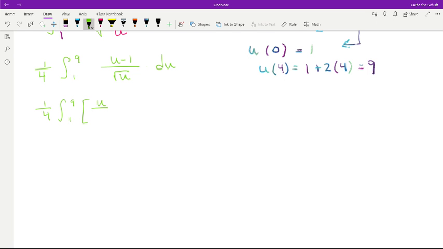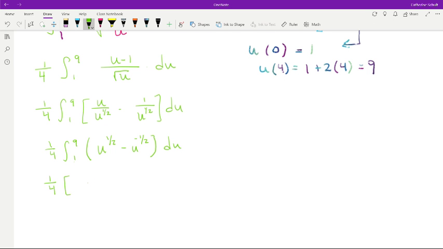So u over root u, I'm going to write it like this, and this. Now we're getting somewhere. We're getting to something that we can take the integral of. So this is going to be u to the 1/2 minus u to the negative 1/2. Okay, so let's take that integral.